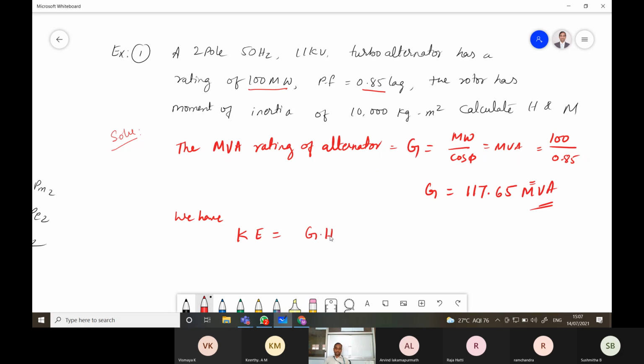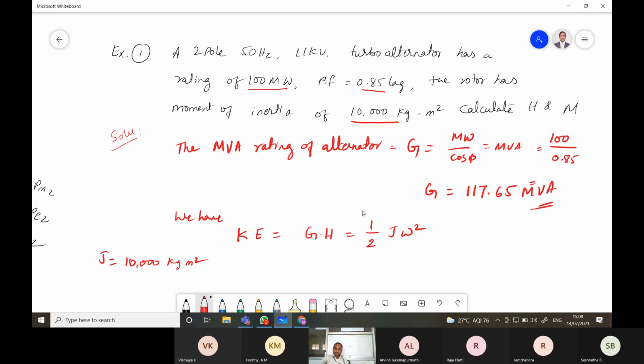G into H is equal to half into J into omega square. I or J, both are the same. It is the moment of inertia. That moment of inertia J is given. What is the J value? 10,000 kg meter square.